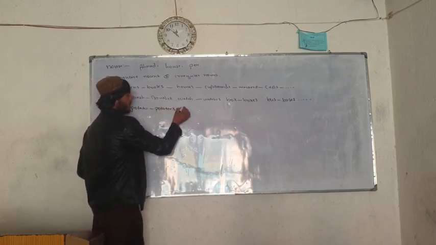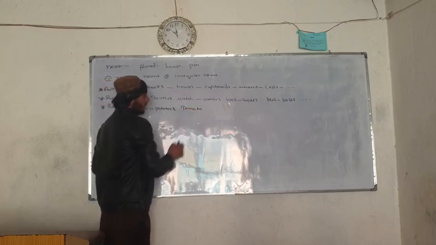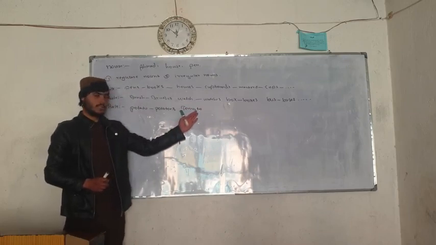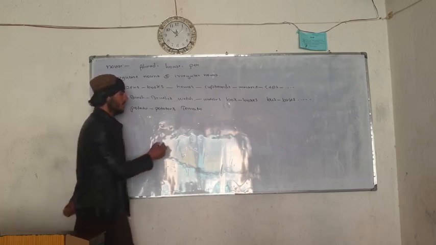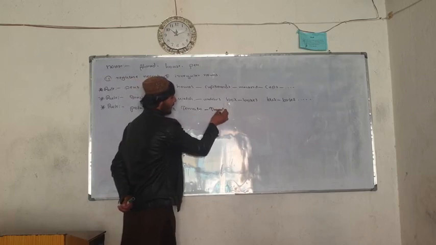Or tomato. Here this noun also ends with o, and before o there is a consonant letter t. T is one of the consonant letters, so we have to add es at the end, like tomatoes. And many more.